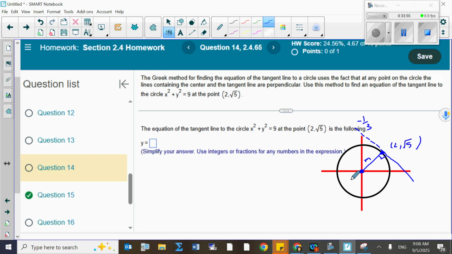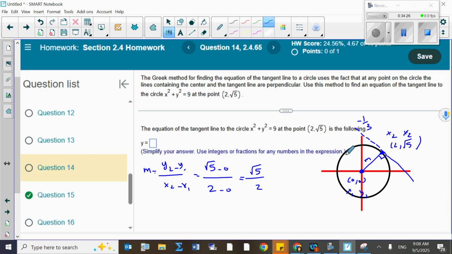So let's start finding this slope because I have 2 points of this line. The slope will be y2 minus y1 over x2 minus x1. Okay, I'm going to call this x2, y2 and this one x1, y1. So that's root 5 minus 0 over 2 minus 0, which is root 5 over 2.